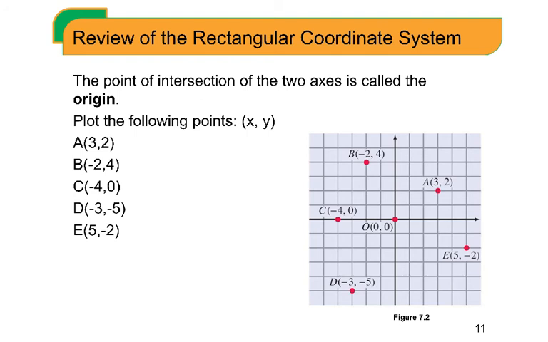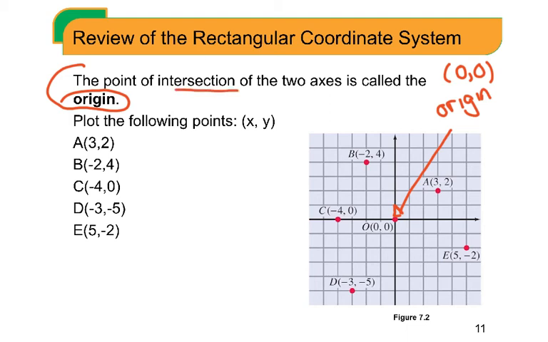Okay, this is an important vocabulary word. This point right here is very important, and it's known as the origin. That's the point 0, 0. That's where the X and Y axis intersect. And all these points have been plotted.